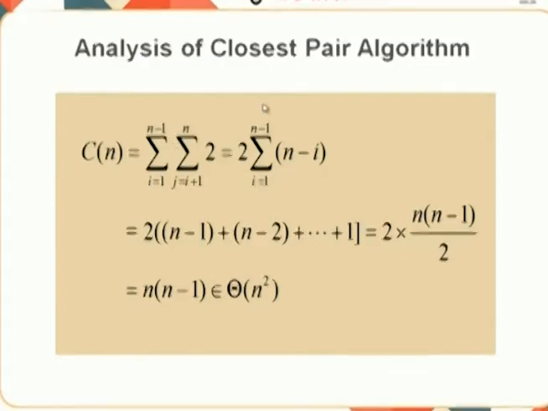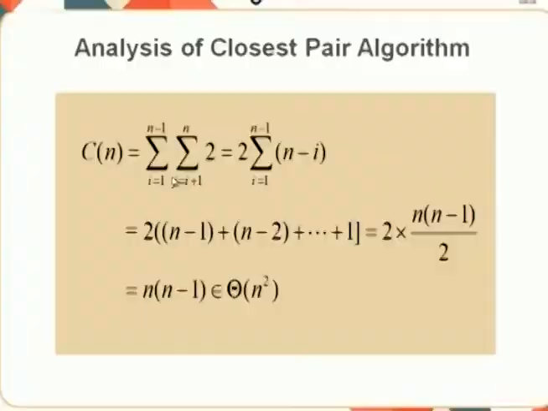Fine. How to analyze this? Recollect the module where we discussed the iterative algorithms, where I said we have to find the basic operation and then see how many times the basic operation is repeated. Now you can see in the algorithm we have started a loop from i equal to 1 to n minus 1, and the inner loop starts from i plus 1 to n.